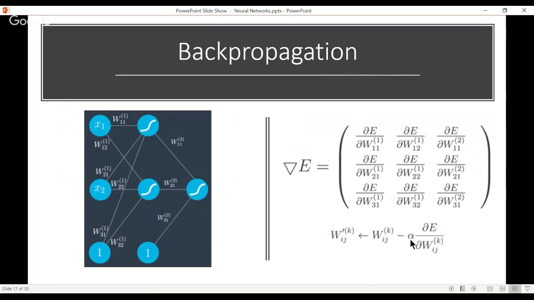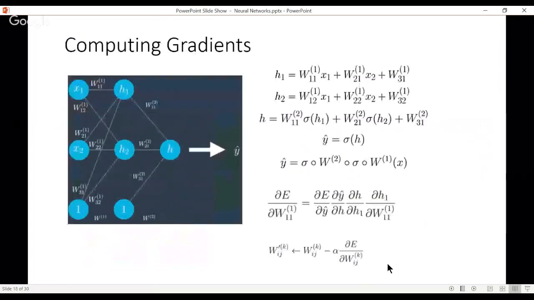And this is a hyperparameter which you will have to feed to the function. So let's move on. This is an example of how you compute your gradients.